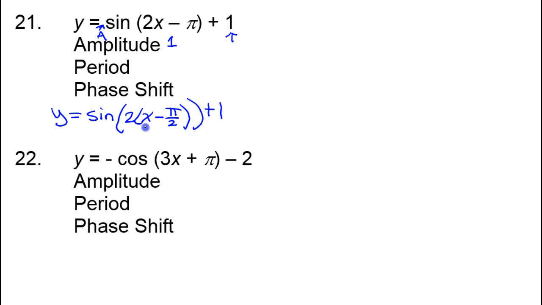All right, so I just did just what I showed you. I pulled out the 2, but then I had to divide by 2. So now we can talk about the period and the phase shift.